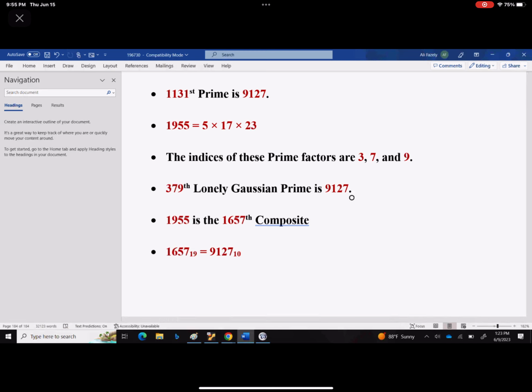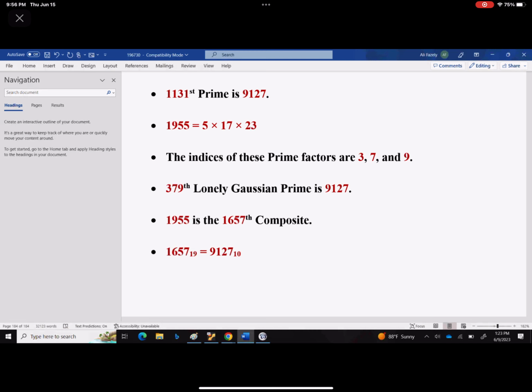How many different ways is God supposed to tell us about this? 1955 is the 1657th composite, and 1657 in base 19 is equal to 9127 in base 10.